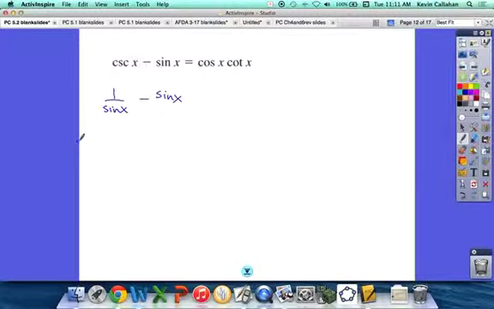Okay, in order to combine those, what do I have to do? I need to have a common denominator, right? This one's got a denominator of sine, this does not. So we're going to multiply by sine over sine. And now they have a common denominator. So you put them together. That will be 1 minus sine squared x over sine x.